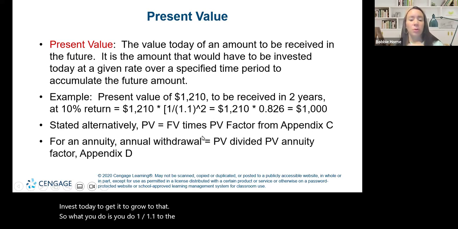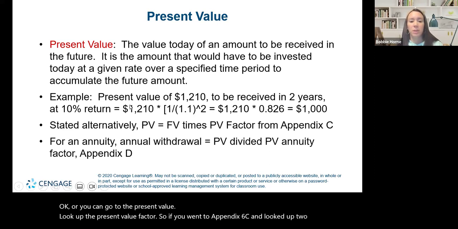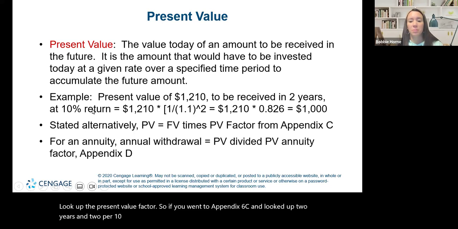Okay. Or you can go to the present value, look up the present value factor. So if you went to Appendix C and looked up 2 years and 10%, you will get that 0.826. So I always like to use the table.